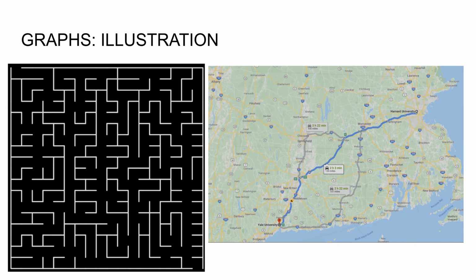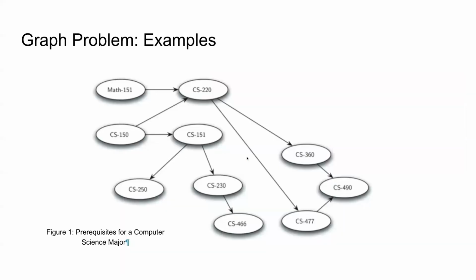How are you gonna plan a route from A to B in the shortest path or in the fastest way? So these are two examples where graph algorithms are really helpful. So we'll talk about this application later.